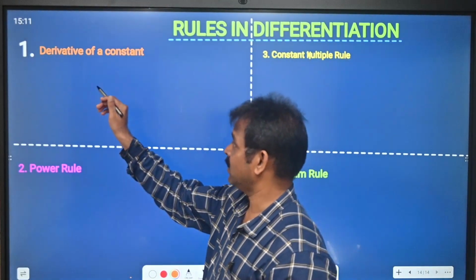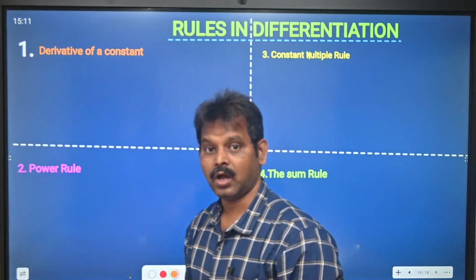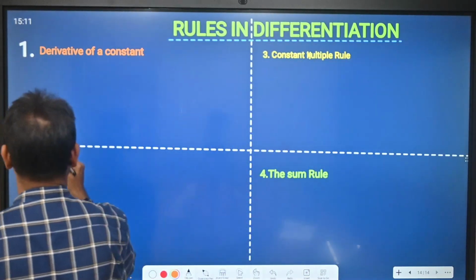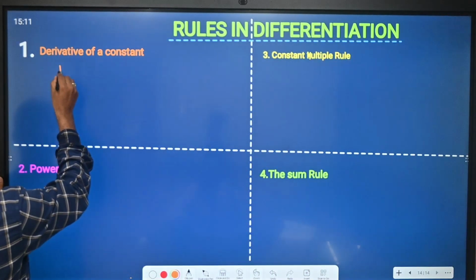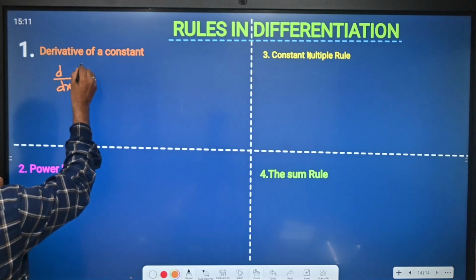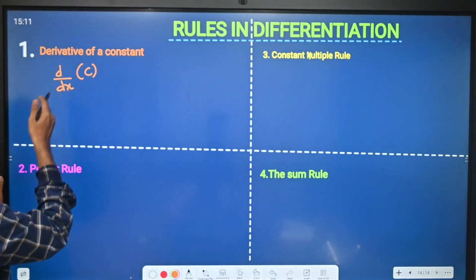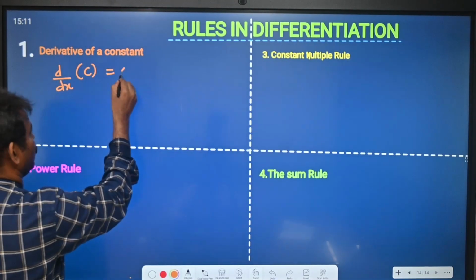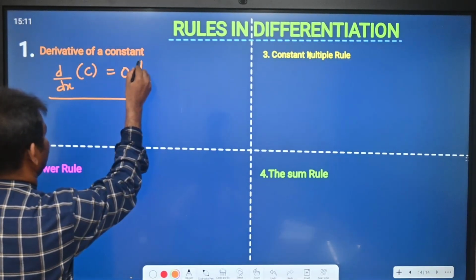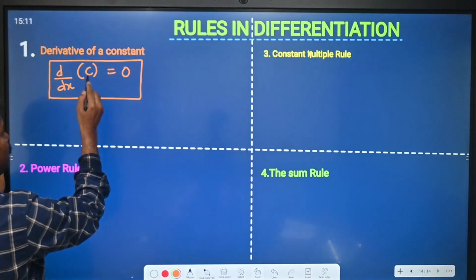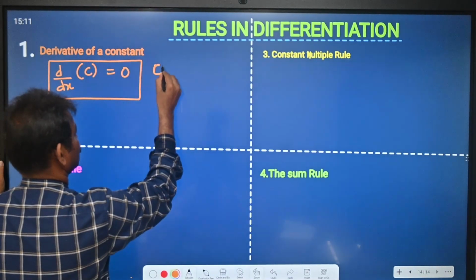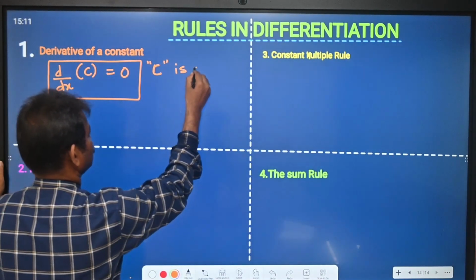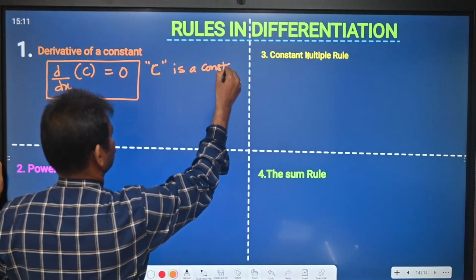The first one: derivative of a constant. If you differentiate any constant with respect to x, y or time, this is always 0, where c is a constant.